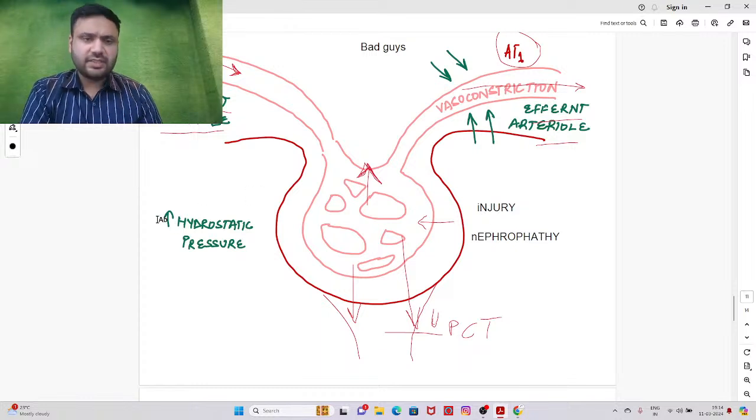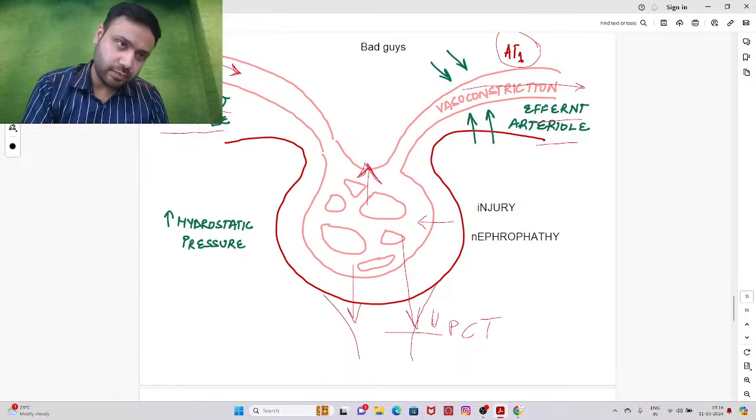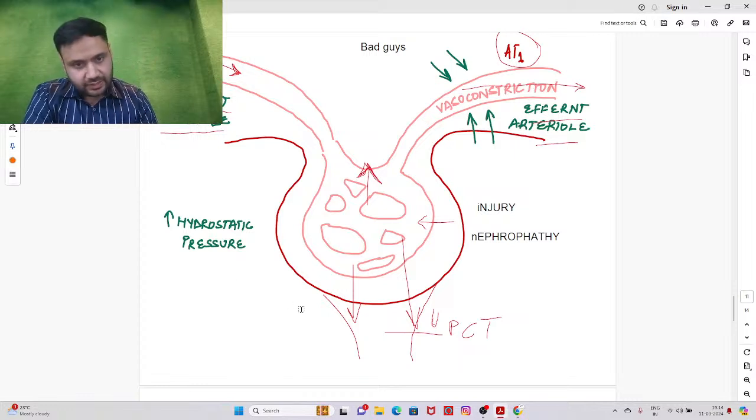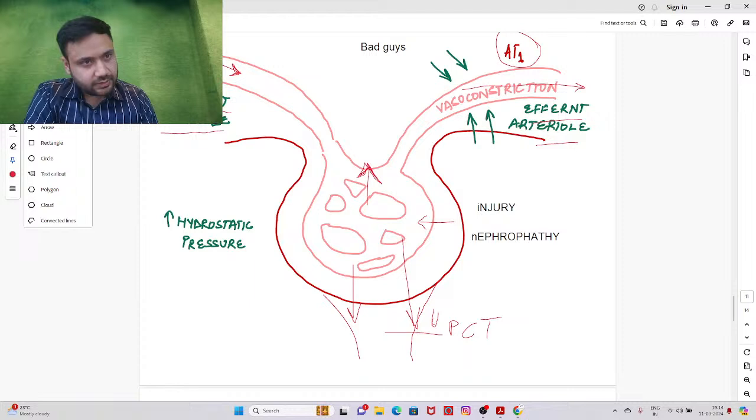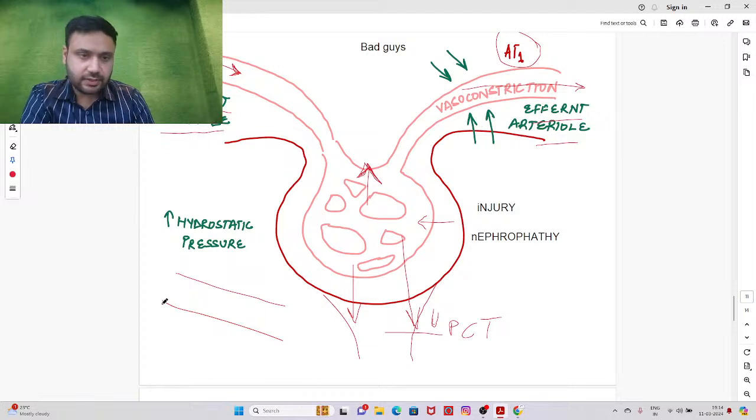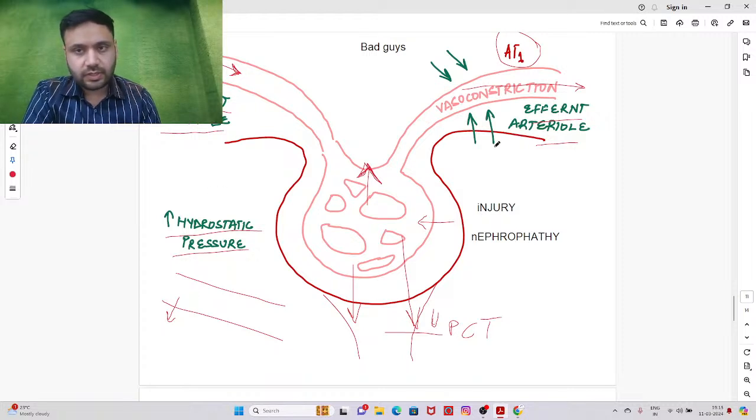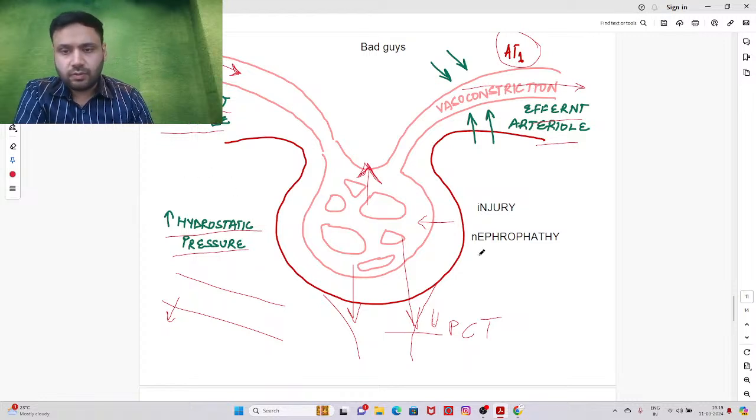So let's discuss a bit about hydrostatic pressure before we proceed. Inside a blood vessel or capillary, the amount of pressure that is filtering out the fluid is the hydrostatic pressure. The constriction of the efferent arteriole causes a rise in hydrostatic pressure. Let me show you a simplified diagram.